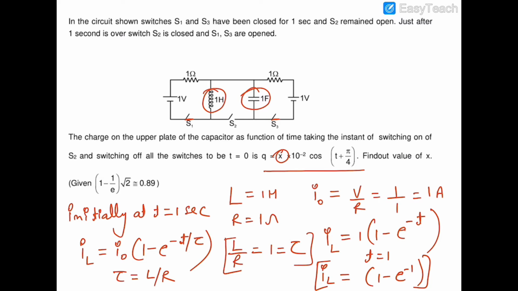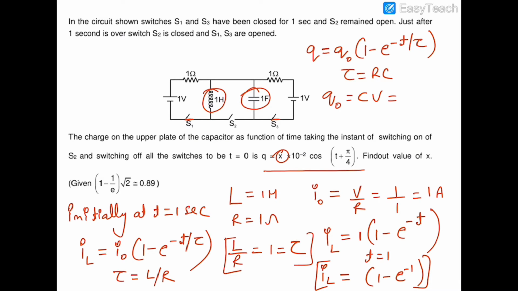Now if we have to find out the value of charge on the capacitor, then we can say that Q is equal to Q naught into 1 minus e to the power minus t by tau, where this tau in this case is equal to RC. Now substituting the values here, we know that Q naught is equal to C into V, where V is the voltage of the cell and C is the capacitance.